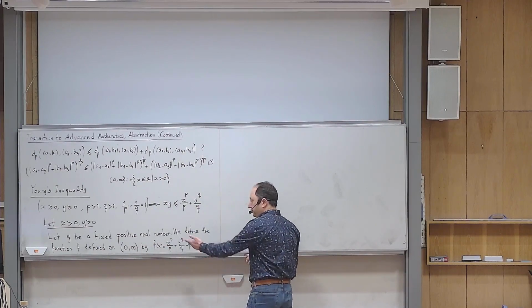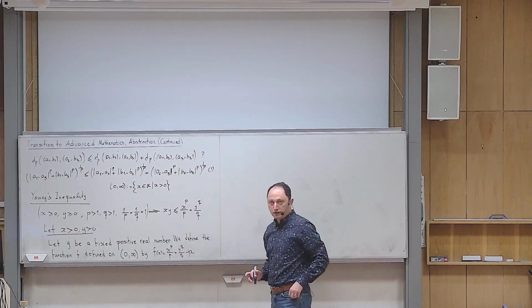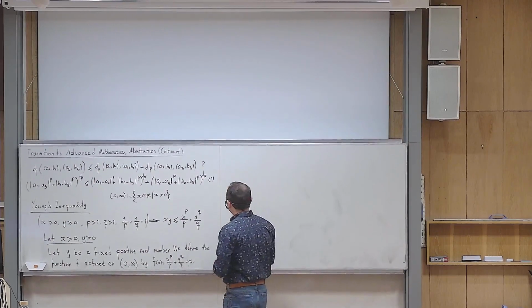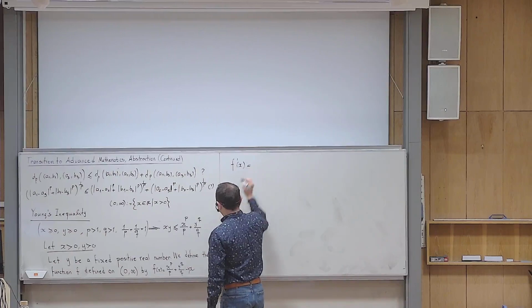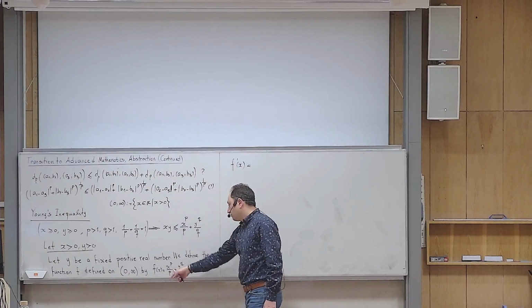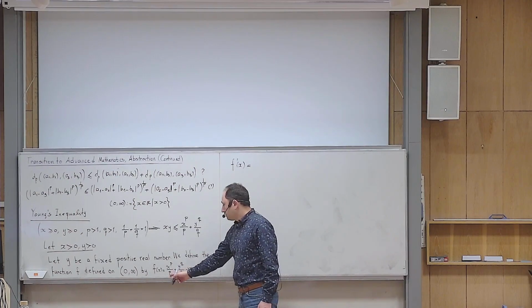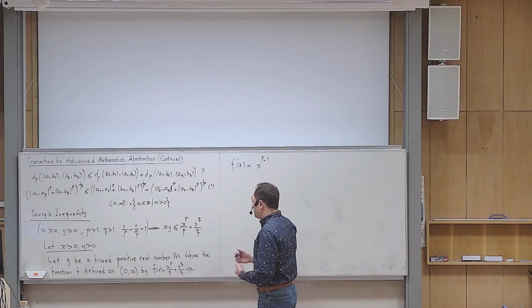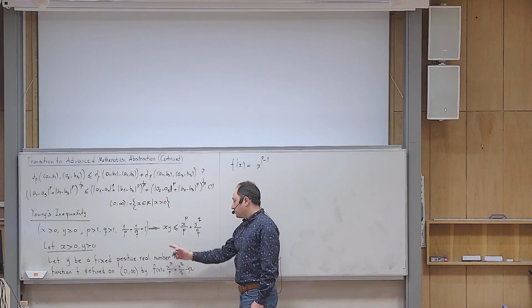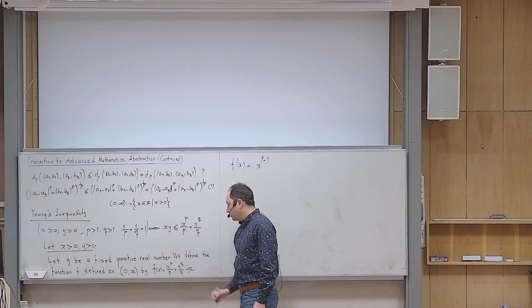So the first thing we do, we have to differentiate the function. Yes, so we differentiate the function. Okay, so what happens? This p goes down, cancels that p, this becomes x to the power of p minus 1. But because I'm assuming that y is a fixed constant number, everything vanishes here.